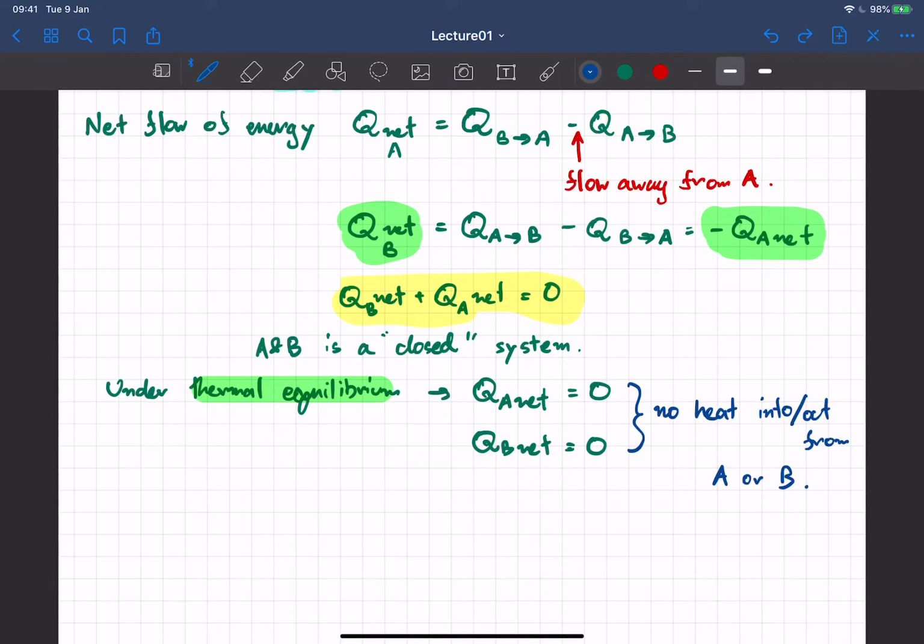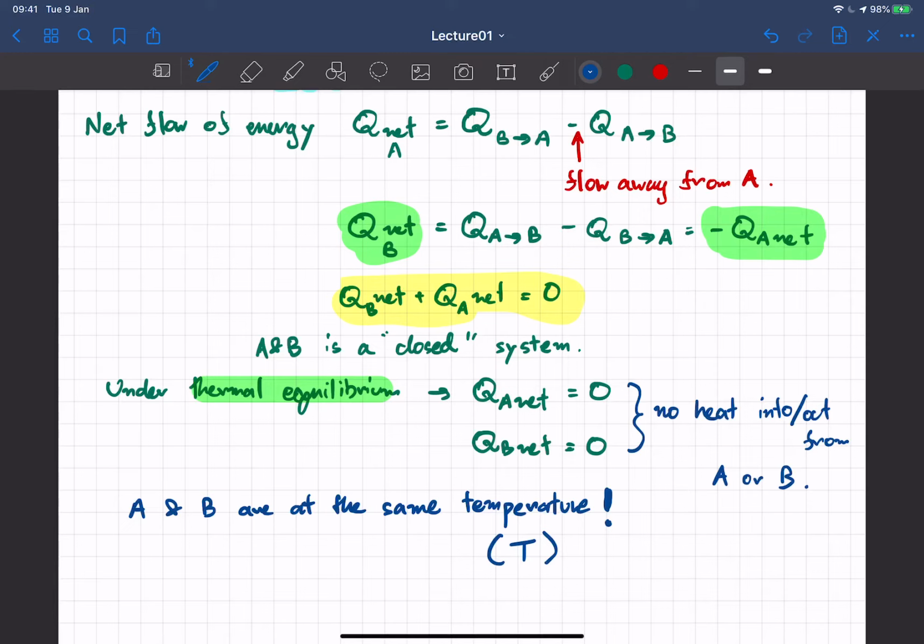Alright, so then when this is the case, we say that A and B are at the same temperature. And for temperature, we're going to use big T to indicate this quantity.